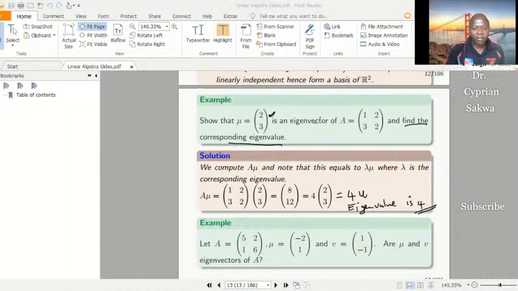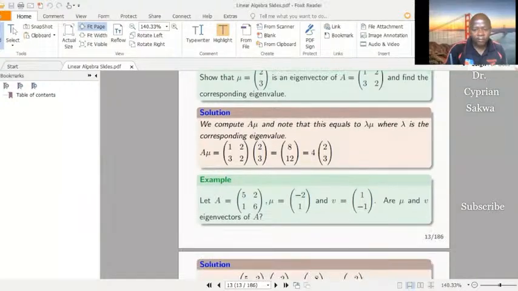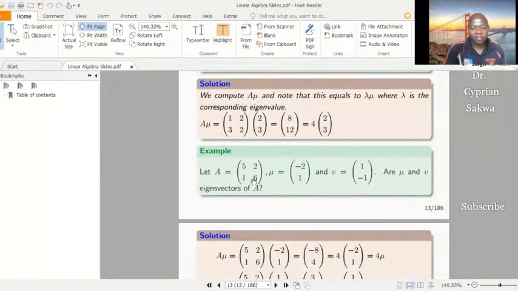Okay, so let's look at this other example so that this notion becomes clear to us. The example here: let there be this matrix, and I have this vector and this other vector. The question is, are these vectors eigenvectors of this matrix?